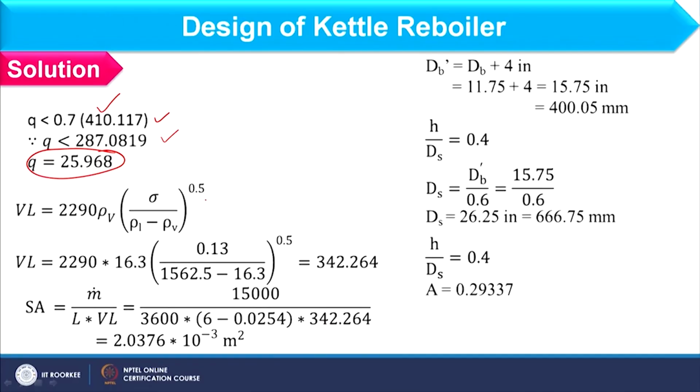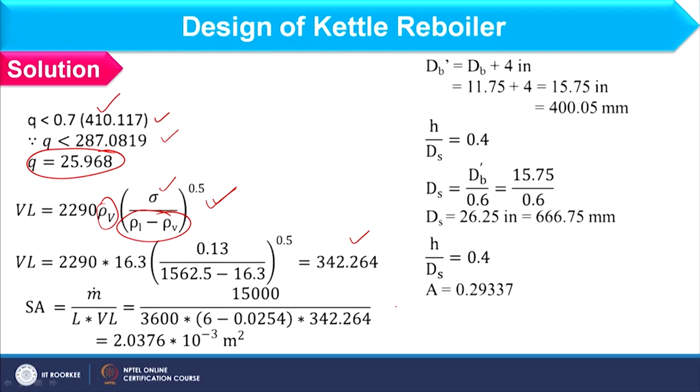As far as the expression is concerned, it is like this, and considering surface tension, densities of liquid and vapor, we can find the vapor loading as 342.264 kg per second meter cube, that is the unit of vapor loading VL.